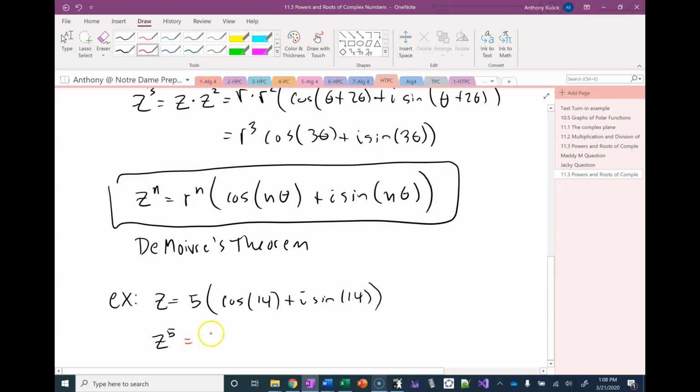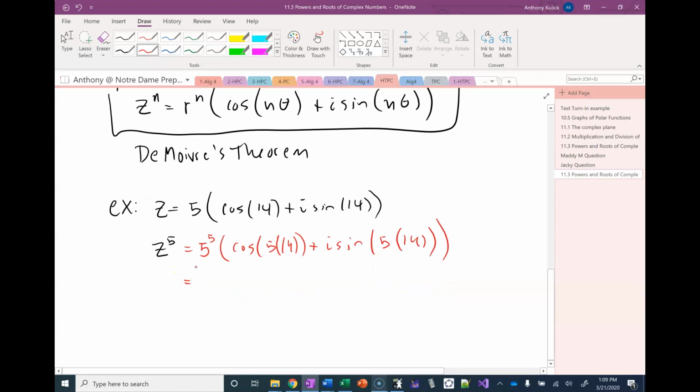Using that formula, I'm going to have r to the 5th, and then I'm going to have cosine of 5 times 14 plus i times sine of 5 times 14.